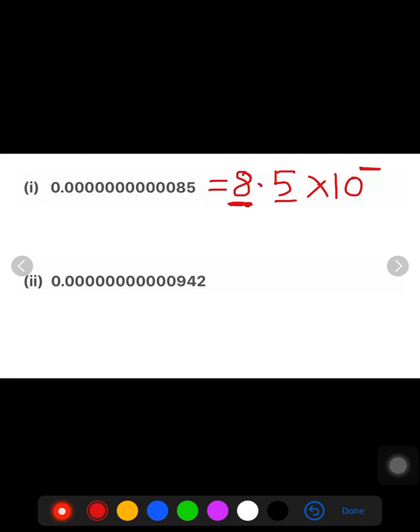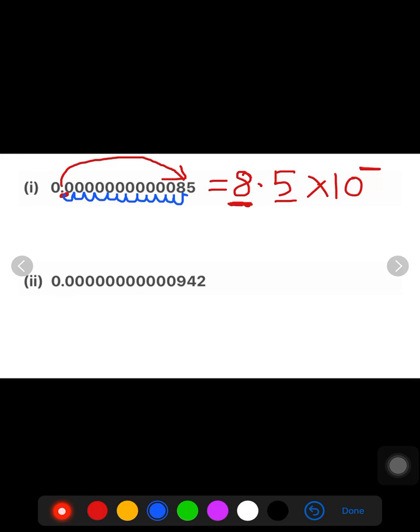Now see here, your decimal point is over here. When you represent it as 8.5, you are moving your decimal point to your right side. How many digits you are moving, you need to count. 1, 2, 3, 4, 5, 6, 7, 8, 9, 10, 11, 12. So 12 places you are shifting your decimal point towards your right.